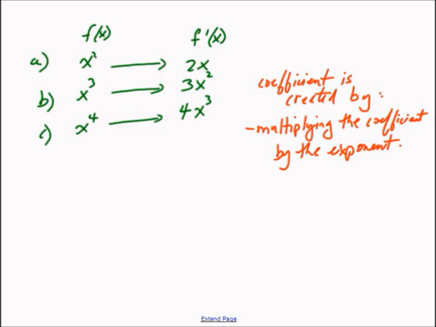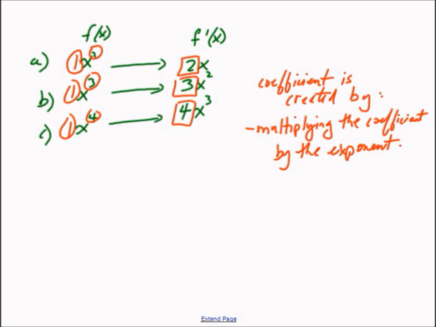Okay, so in other words, the exponent here is 2, the coefficient is 1. Multiply those together to get our 2 here. Okay. The exponent here is 3, the coefficient is 1. Multiply them together to get our 3 here. Exponent is 4, coefficient of 1. Multiply them together to get our coefficient over here.